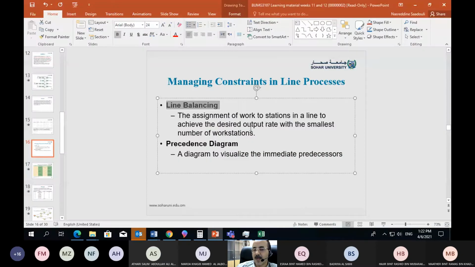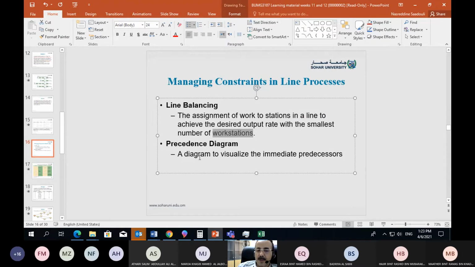That's the purpose of line balancing. We want to assign work to stations in a line to achieve the desired output rate. This should obviously be driven by what we need to produce, not what we can produce, which is the demand. At the same time, we want to minimize the number of workstations required.